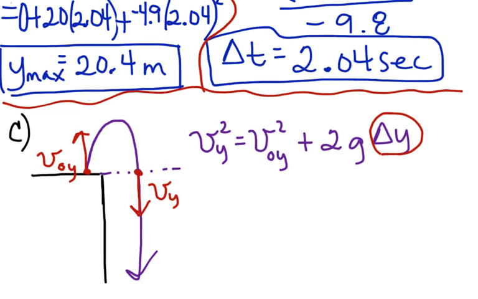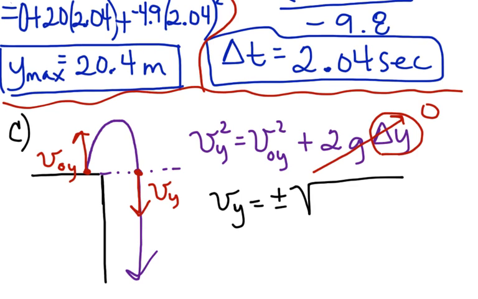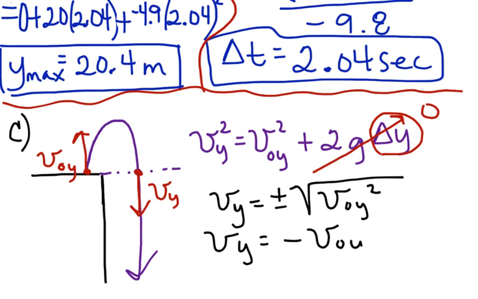So this delta y becomes 0, and therefore this whole term becomes 0. In essence, what I have shown here is that my v sub y is equal to plus or minus the square root of my v sub naught y squared. In other words, my v sub y is equal to a negative v sub naught y. So they're equal in magnitude, just opposite in direction.